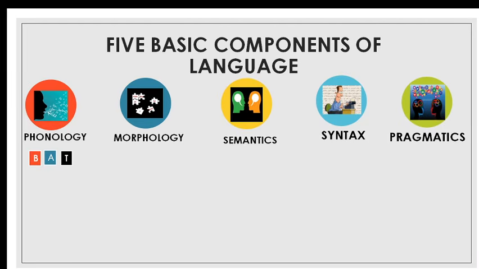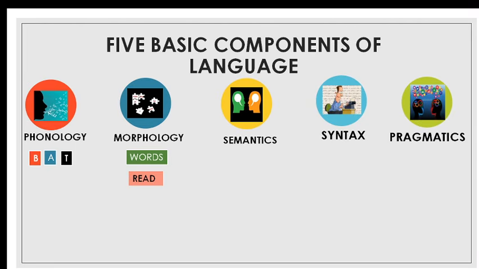Words in a language consist of one or more elements of meaning, which are called morphemes. This morphology deals with words only and how they are made up. For example, if you have the word read in front of you, this word read is a root word and is also a free word.